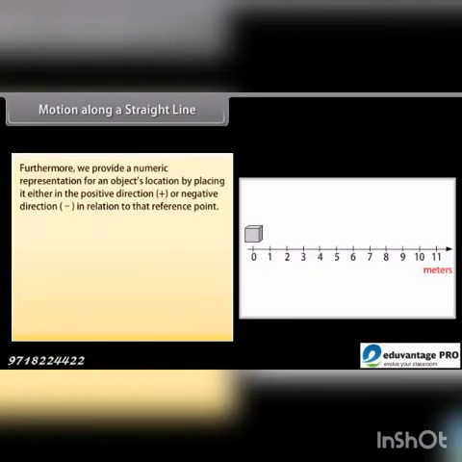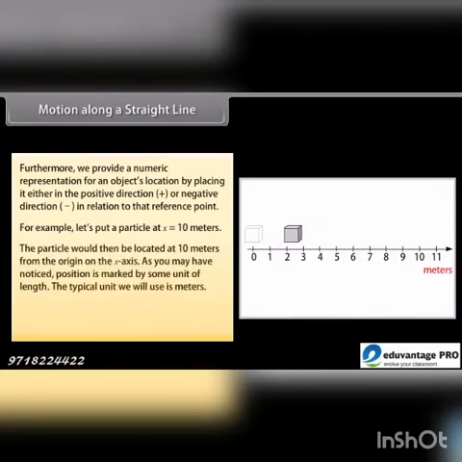Furthermore, we provide a numeric representation for an object's location by placing it either in the positive direction or negative direction in relation to that reference point. For example, let's put a particle at x equal to 10 meters. The particle would then be located at 10 meters from the origin on the x-axis. As you may have noticed, position is marked by some unit of length.